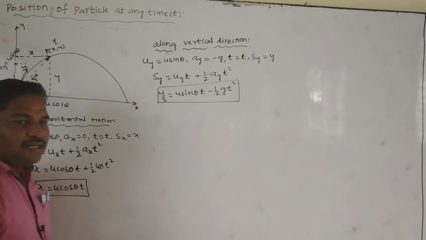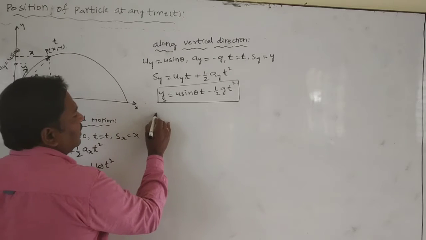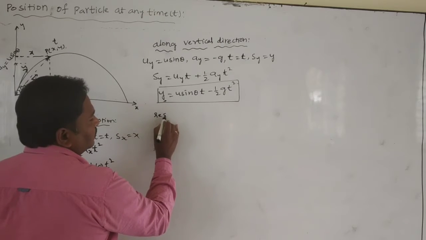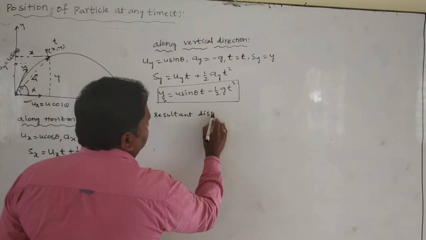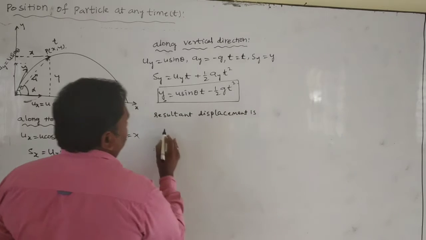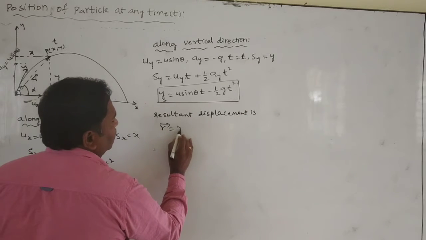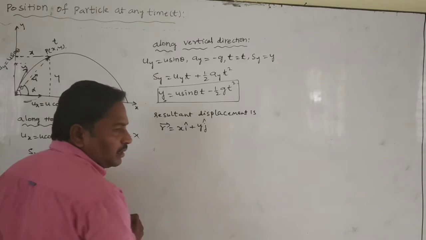Now what is the resultant displacement of the particle? The resultant displacement r bar is equal to x i cap plus y j cap.